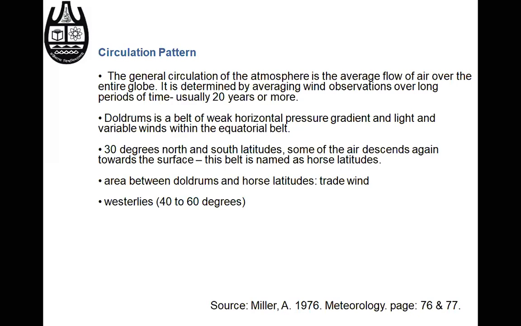If you see a local airflow in a practical sense, sometimes it is coming from right, sometimes left, sometimes front, sometimes back. But this is a day-to-day or time-to-time variation. If you average these variations over more than 20 years, you will get a pattern, and that pattern is termed the general circulation pattern.